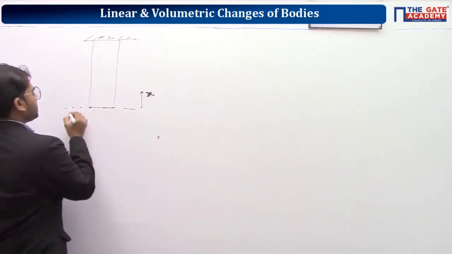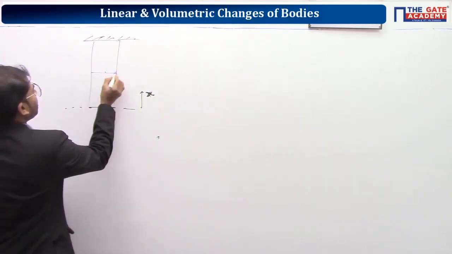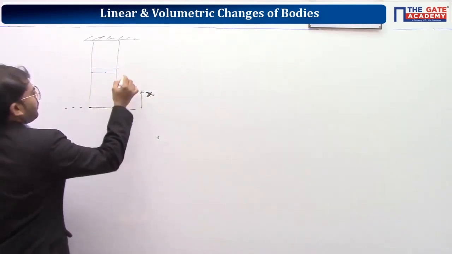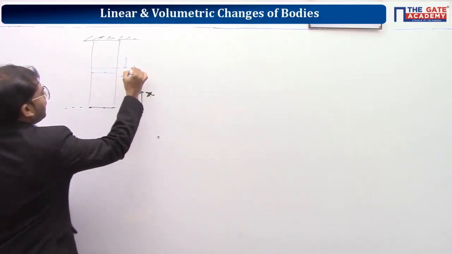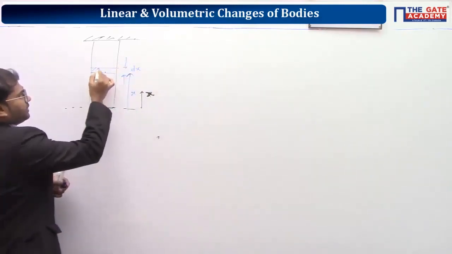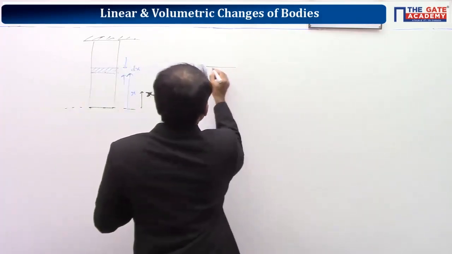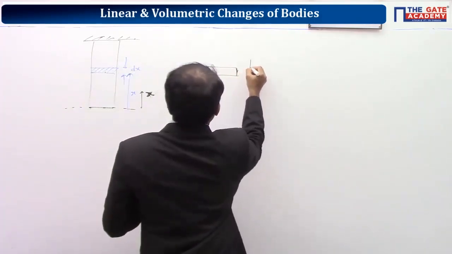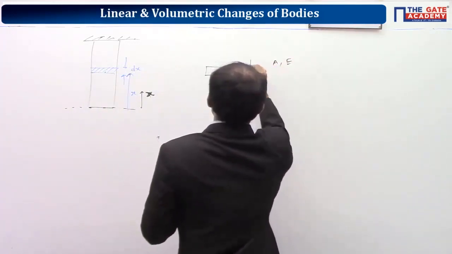From this origin, I am taking an element over a distance of x and it is having a length dx. That element is having a length dx, area of cross section A, Young's modulus E.